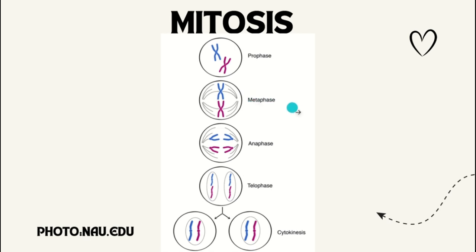So these spindle fibers extend, they attach themselves, and we have the chromosomes lining up at the equator. Those are the main things that are happening in metaphase.